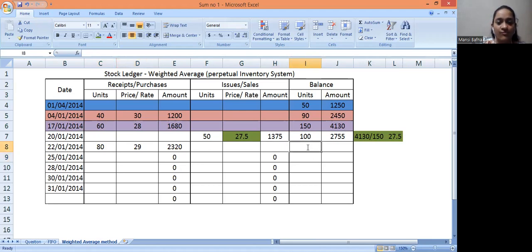So here you will get 180 and here you are going to get 2755 plus 2320. So you will get 5075 over here. The value of the units is 5075 and the number of units is 180 on 22nd of January.